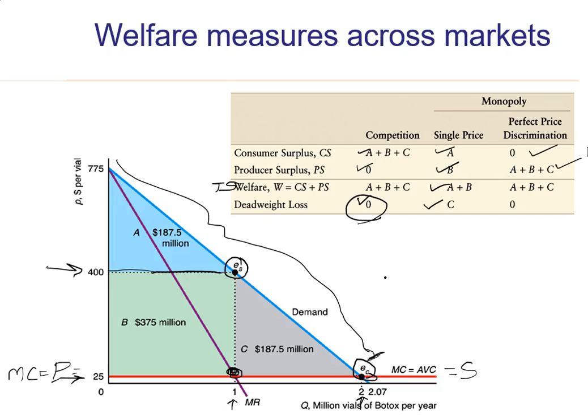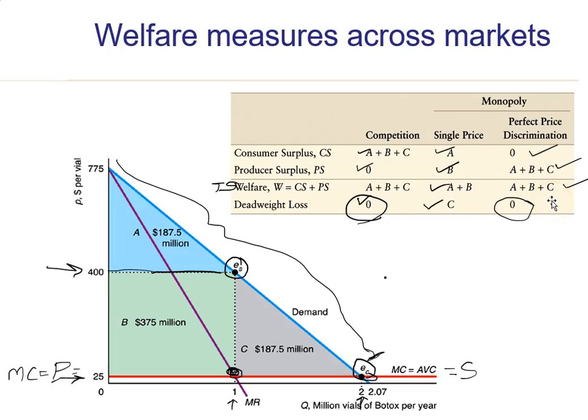And in perfect price discrimination, all these surpluses go to the producer surplus. So what's total surplus? We'll just add them up. Well, 0 plus this is simply that same number. Deadweight loss? Well, here's the kicker. Under perfect price discrimination, this is the only monopoly that has no deadweight loss. Because we're producing all the way out here, that last unit that's produced, there's no gap between the MC curve and the price.